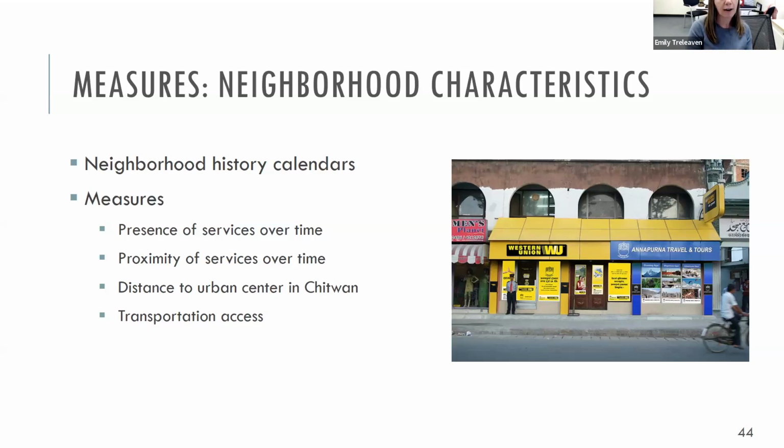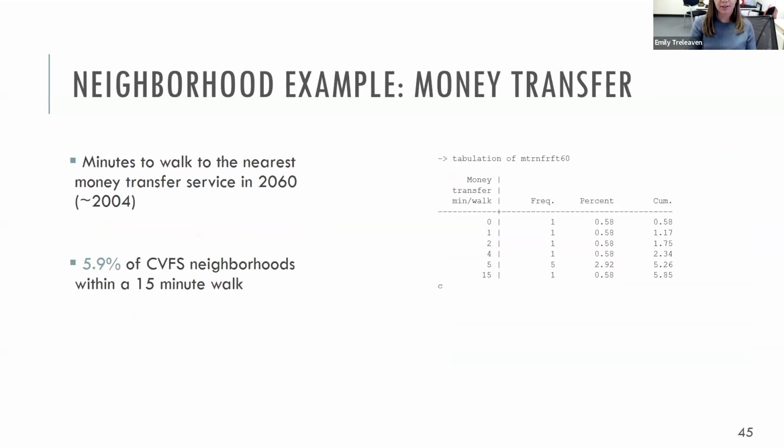And then we also have measures of how far each neighborhood is to the urban center in Chitwan, Narayangarh, Bharatpur, which is the city on the eastern side of the study area. And then we could also merge to measures of transportation access. So one example is thinking about proximity to money transfer services, something like a Western Union.